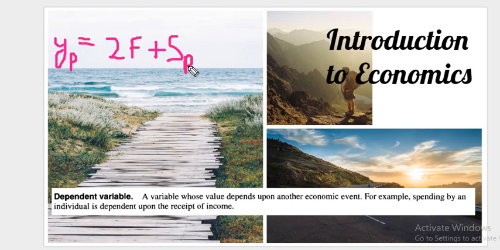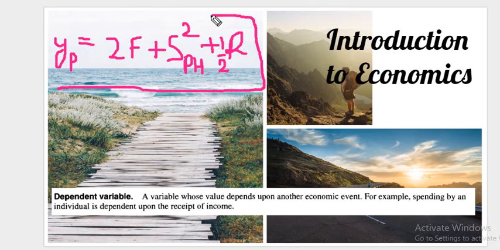So we can write the measurement of how much soil fertility is needed, S square, plus another one, the amount of rainfall, something like 1 by 2 R. Now this is our equation for the total yield of potatoes we are going to experience.